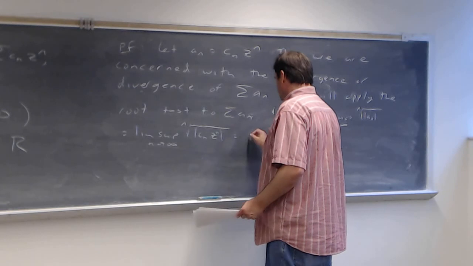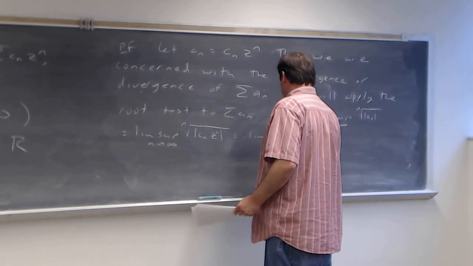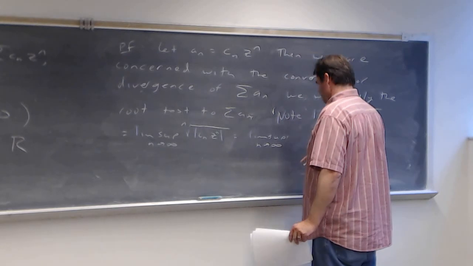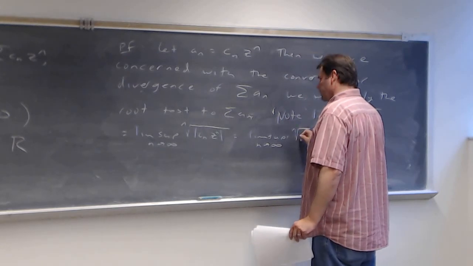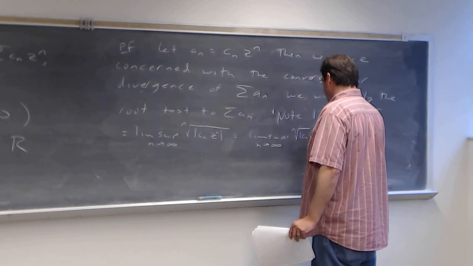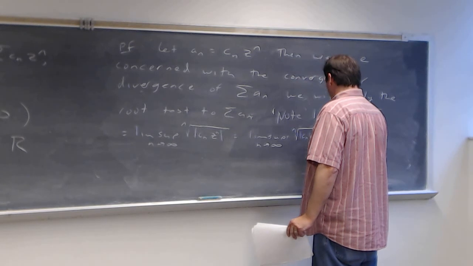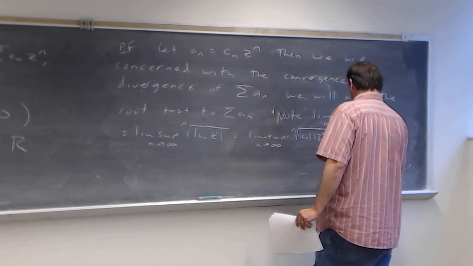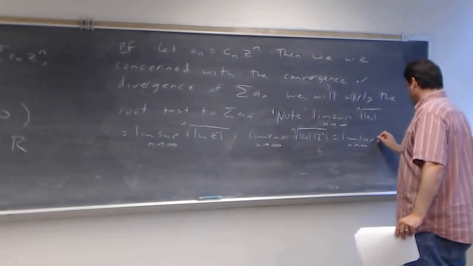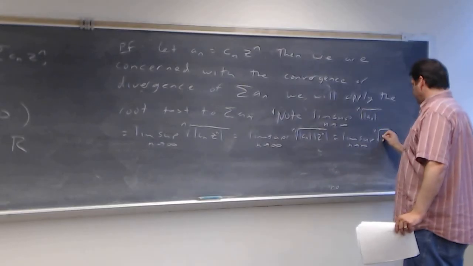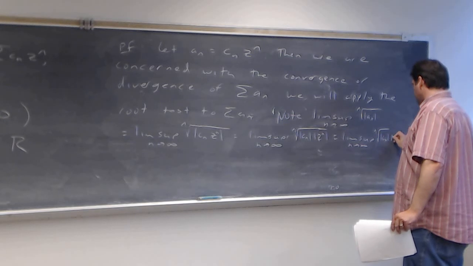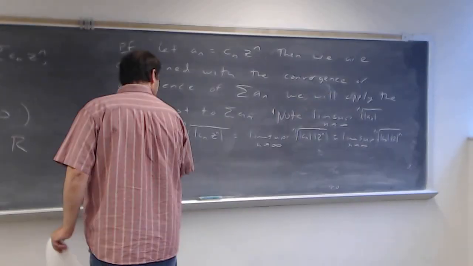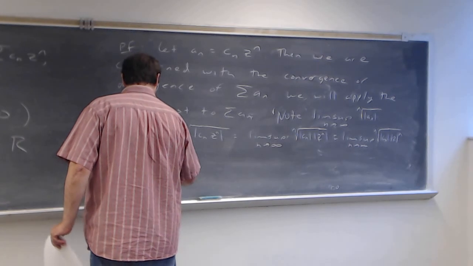This is equal to the lim sup as n goes to infinity, where we break this into the nth root of the norm of c sub n times the norm of z raised to the n. That's the lim sup as n goes to infinity of the nth root of the norm of c sub n times the norm of z raised to the n.